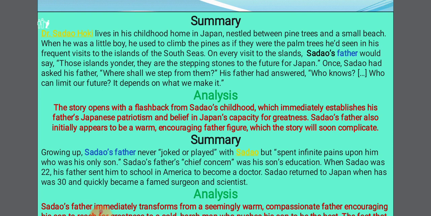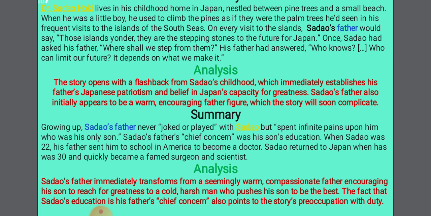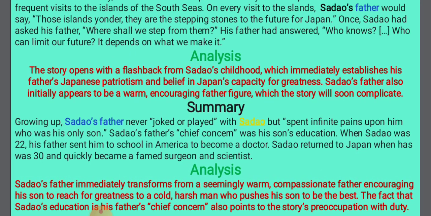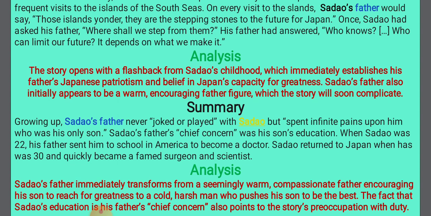The story opens with a flashback from Sadao's childhood, which immediately establishes his father's Japanese patriotism and belief in Japan's capacity for greatness. Sadao's father also initially appears to be a warm, encouraging father figure, which the story will soon complicate.